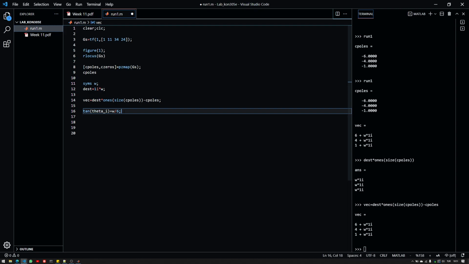So we have omega divided by 6, omega divided by 4, and then omega. So I should sum them up. Since there's no zero, I don't have to sum up the vectors that would arise there.